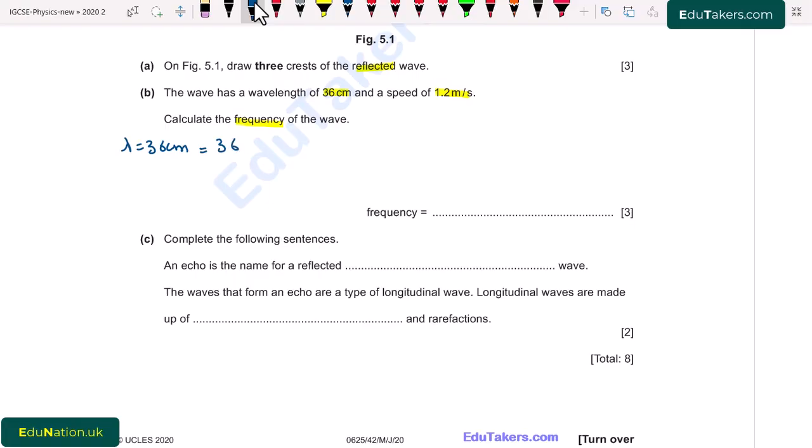So I convert the centimeters into meters by dividing by 100 and it comes to be 0.36 meters. Speed is also given. It is equal to 1.2 meters per second. Now I have to use the formula v = f lambda and we have to find the frequency. It will be equal to v over lambda. v is 1.2 divided by 0.36 and it comes to be 3.3 Hertz. The unit of frequency is Hertz, so I write here 3.3 Hertz.